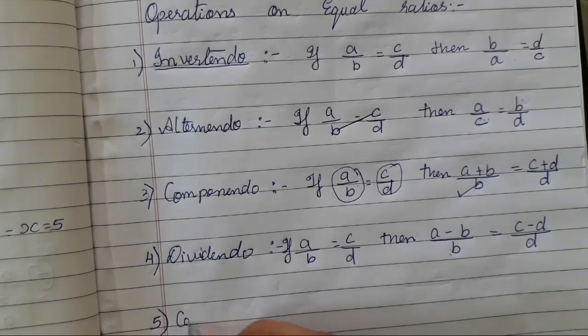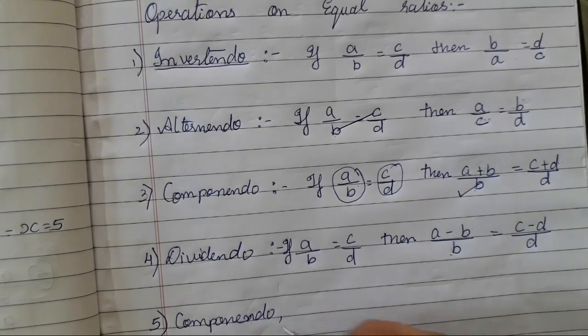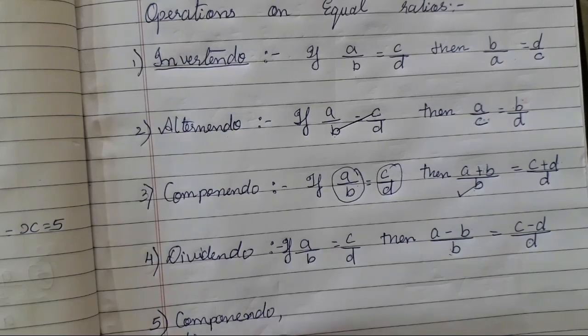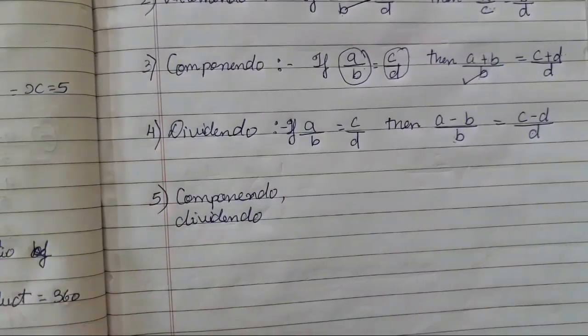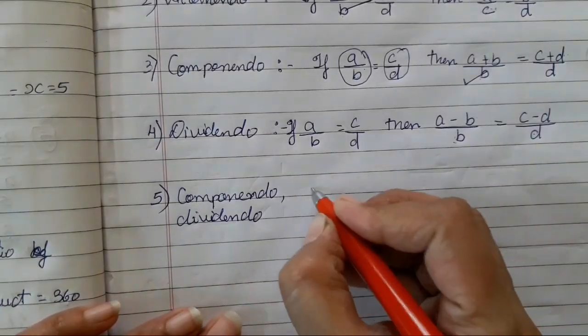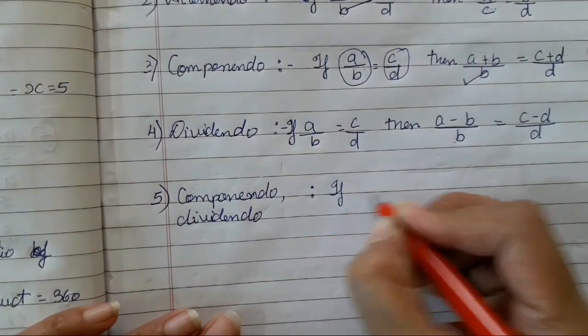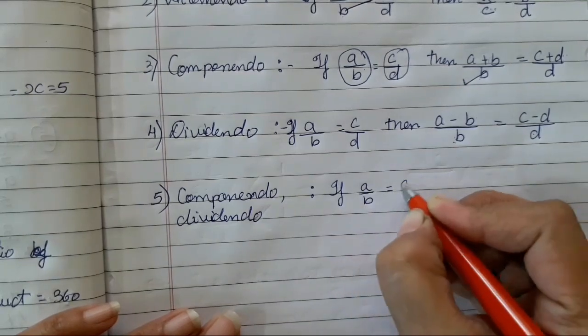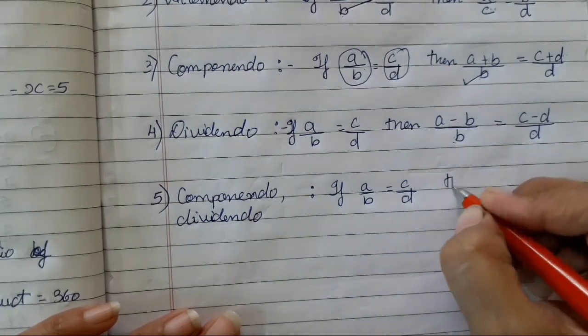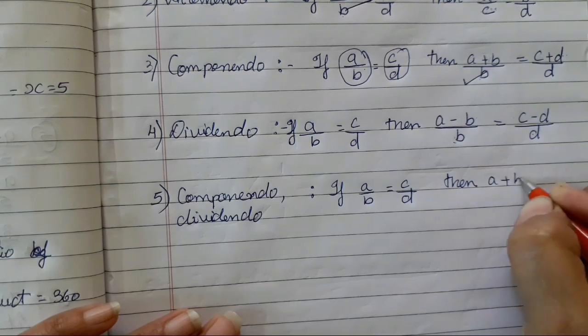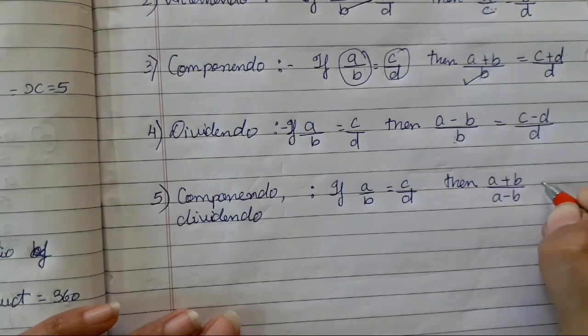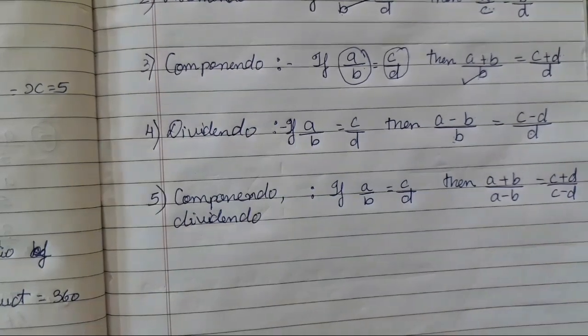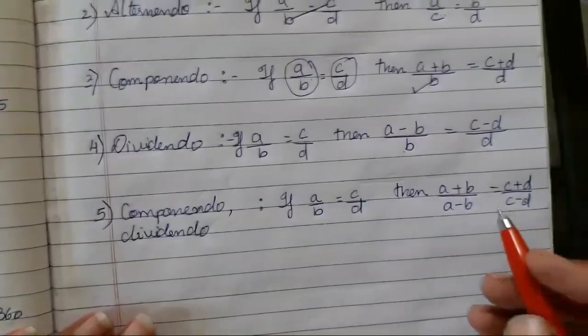Now fifth is componendo and dividendo, both. For this, if A upon B is equal to C upon D, then A plus B upon A minus B is equal to C plus D upon C minus D. Got it?